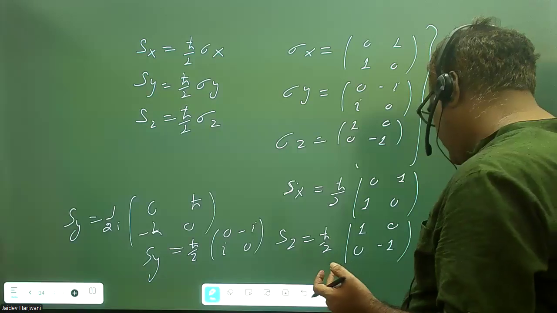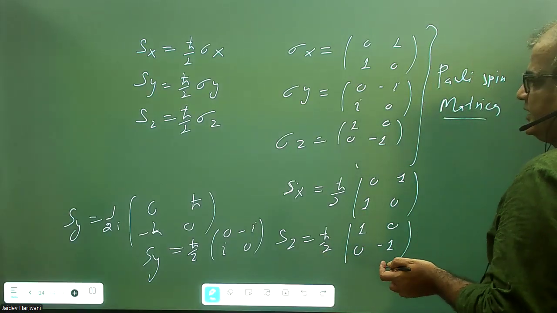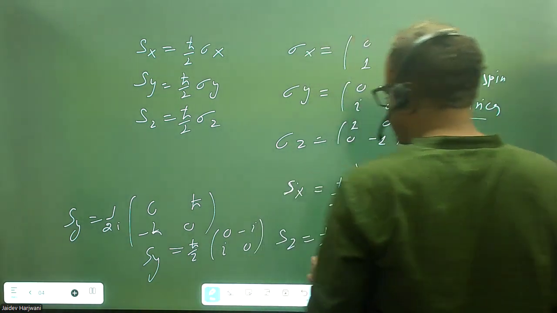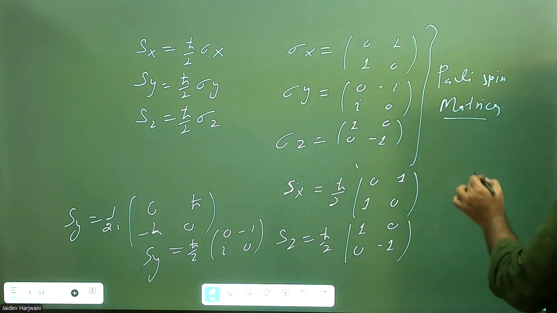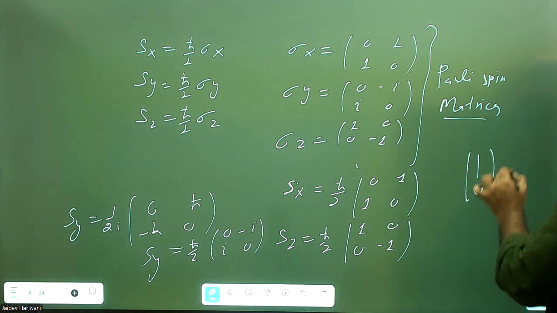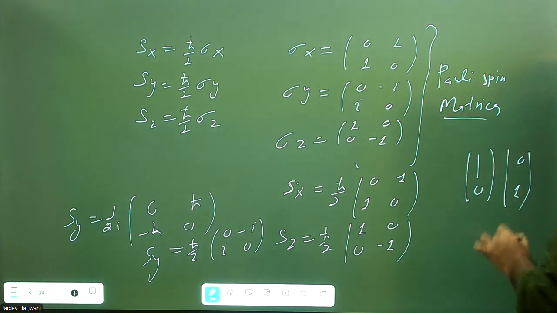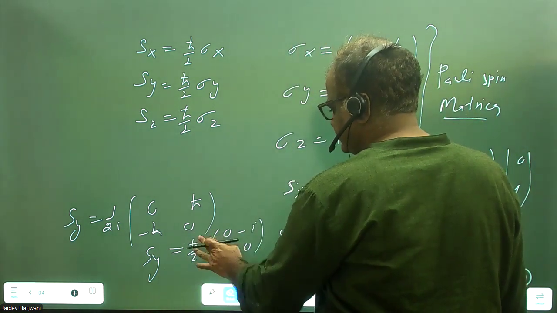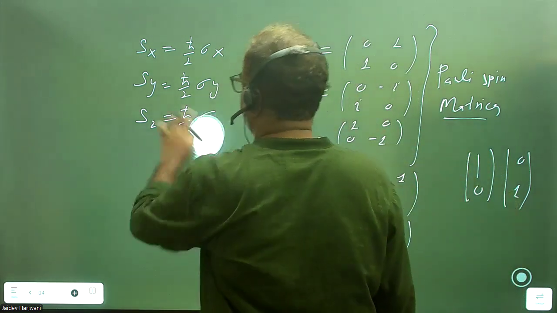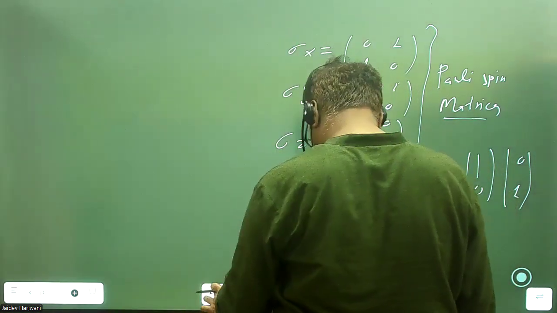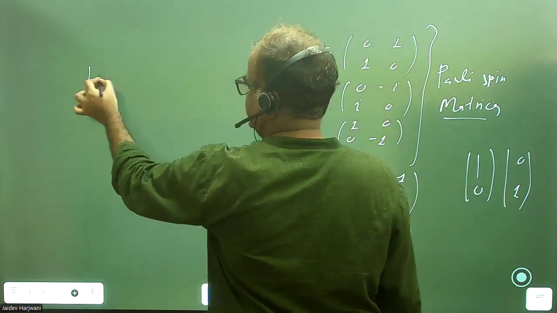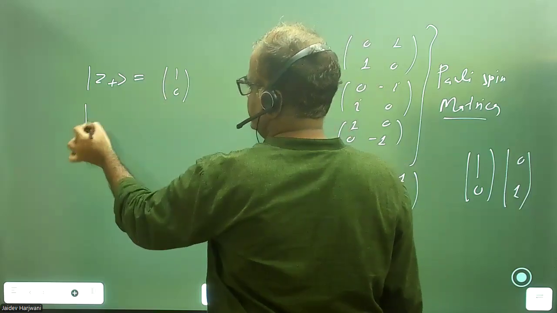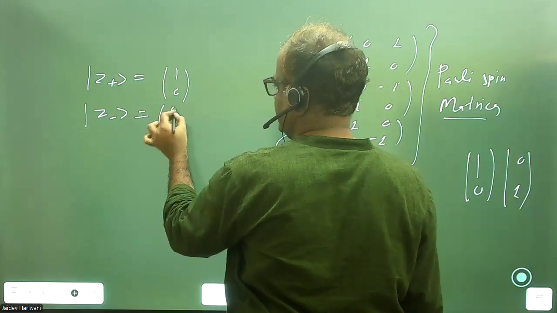And now you can find the eigenstates. Like we have seen for Sz, the eigenstates were (1, 0) and (0, 1). Similarly, we can now write eigenstates for the other operators also. So I am writing the eigenstates directly. Z plus is (1, 0), and Z minus is (0, 1).